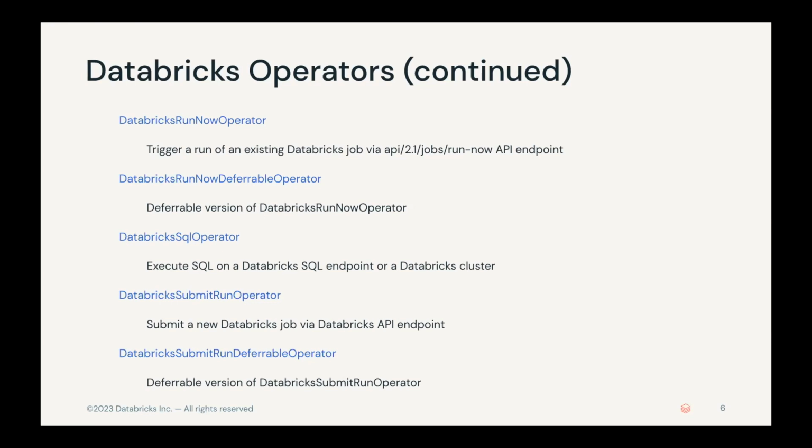The Databricks SQL operator is just running a SQL query on a Databricks SQL endpoint or warehouse, or on a Databricks cluster. And then we have the Databricks submit run operator, which is the other one that we're going to dive much deeper into today as well, and the deferrable version of it as well.